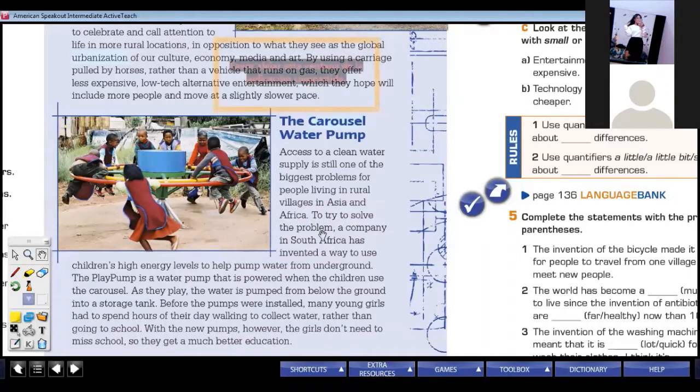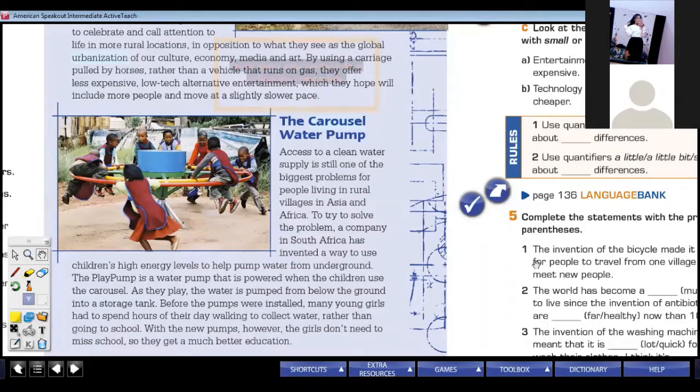To try to solve the problem, a company in South Africa has invented a way to use children's high energy levels to help pump water from underground. The play pump is a water pump that is powered when the children use the carousel. As the carousel turns, water is pumped from below the ground into a storage tank.